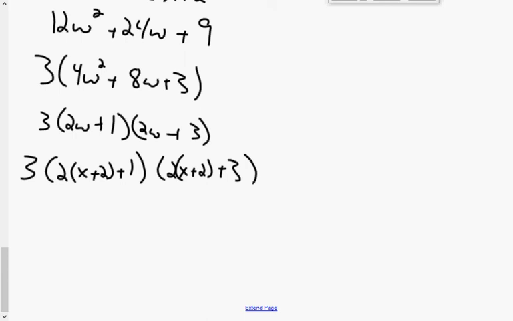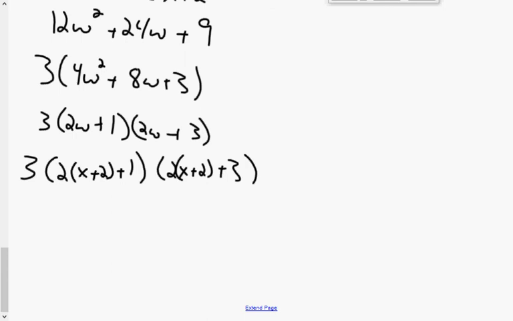Everyone still with me? Is this okay? I didn't know you could put brackets inside brackets. You can put brackets inside brackets within brackets. It sounds cool until you see it on a test and you're like, oh.